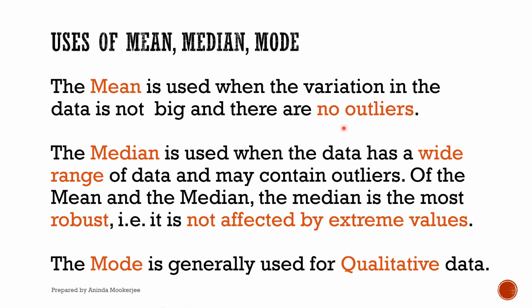Outliers mean the values that really don't belong with the set. They are extreme values, right? Outliers are extreme values. Somehow they don't fit the rest of the data in the list. All right, so when there is less variation in the data and not too many outliers, no extreme values exist, then mean is a better measure to consider.